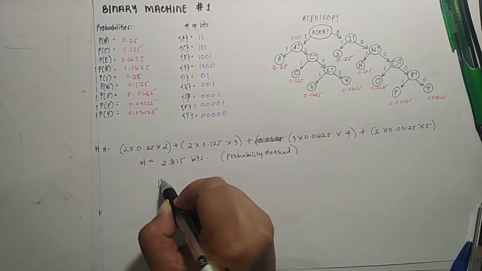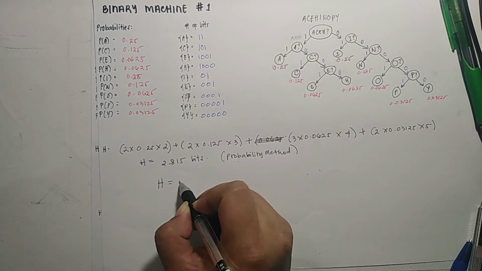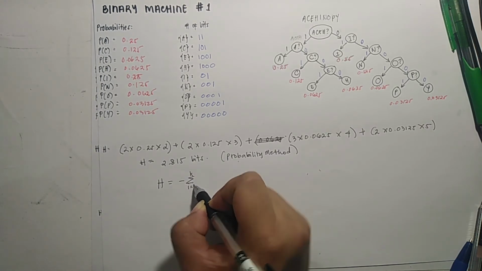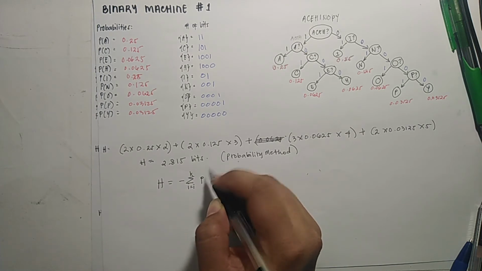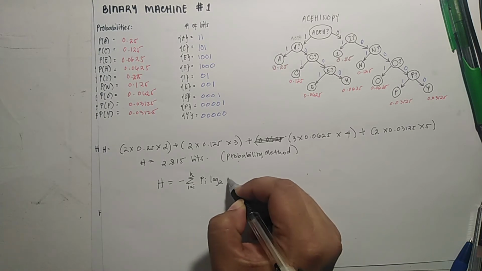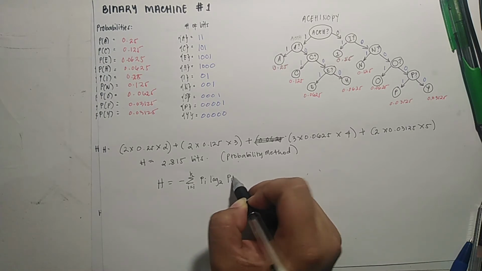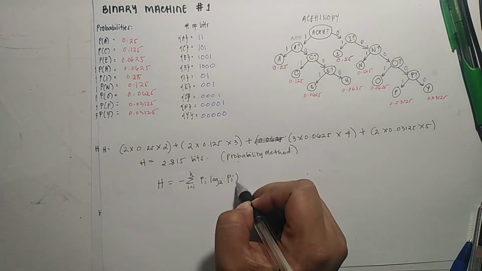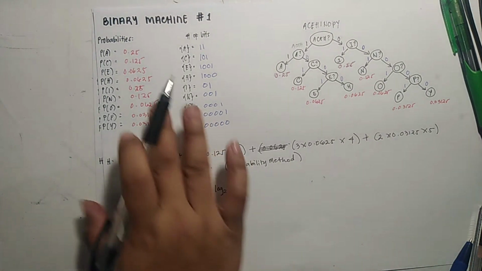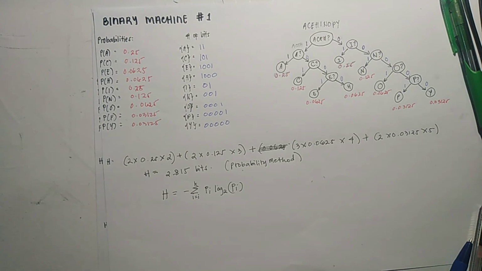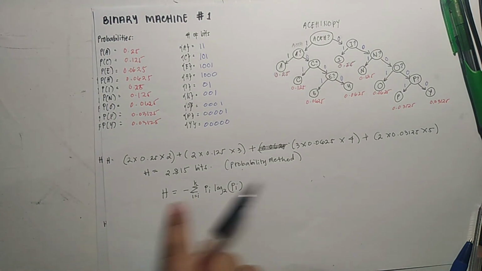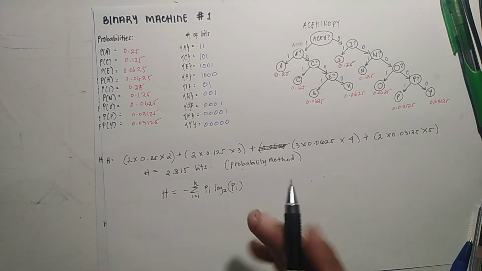Next, we will use the Hartley equation. So H is equal to negative summation of P_i times log base 2 of P_i. Using the list of probabilities, we are able to come up with this equation.